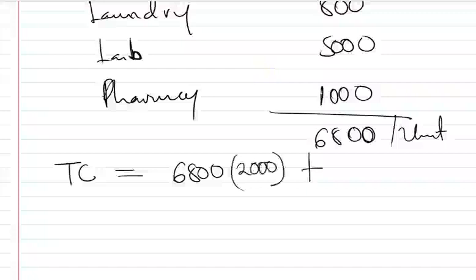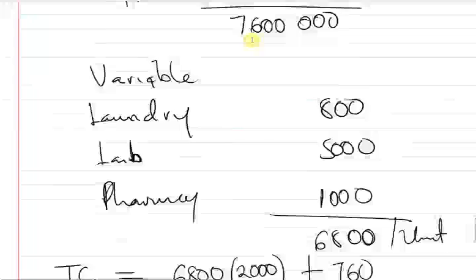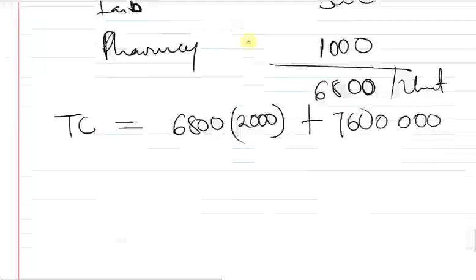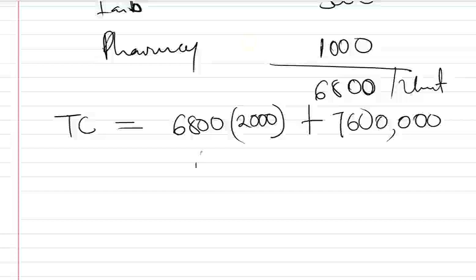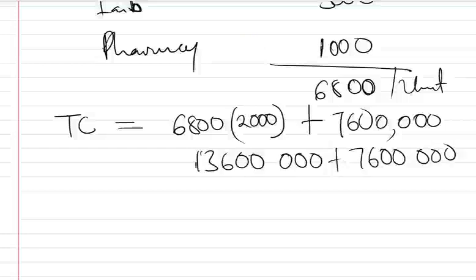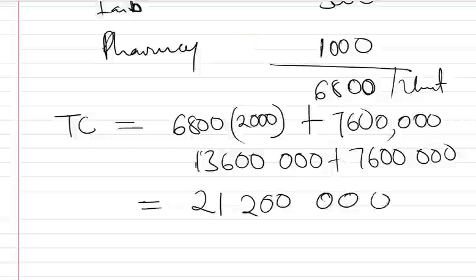Plus the fixed cost, which I found is 7,600,000. So the total cost will be 21,200,000. This is the total cost that it will require to operate 2,000 patient days.